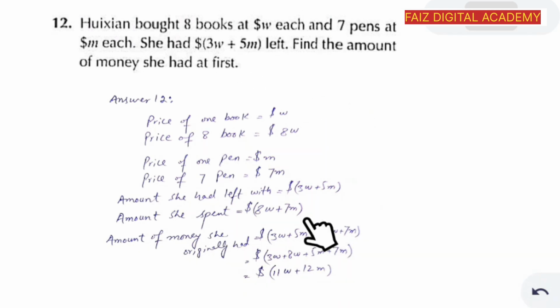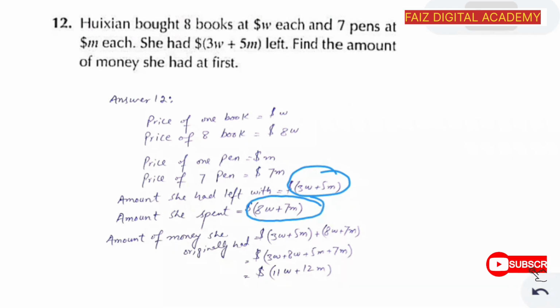So if we have to find what was the original amount when she went shopping, as this question is asking, we have to add what she left with and what she spent. We add these two things and then simplify them to find out the total amount of money she originally had.